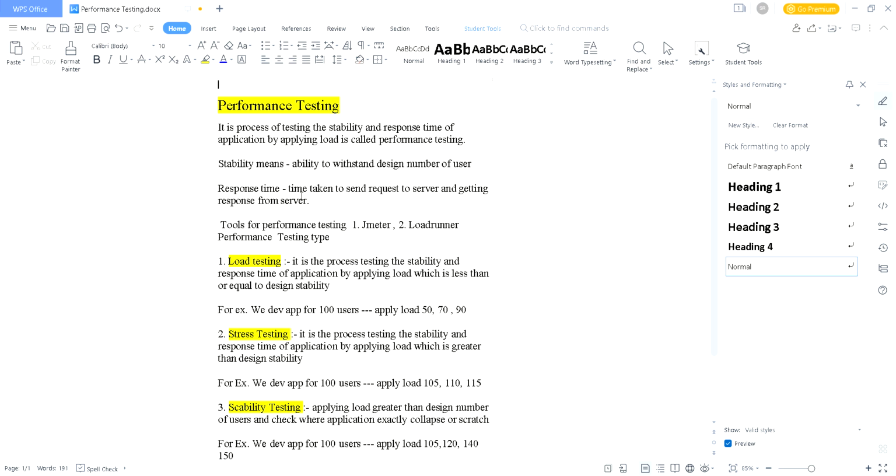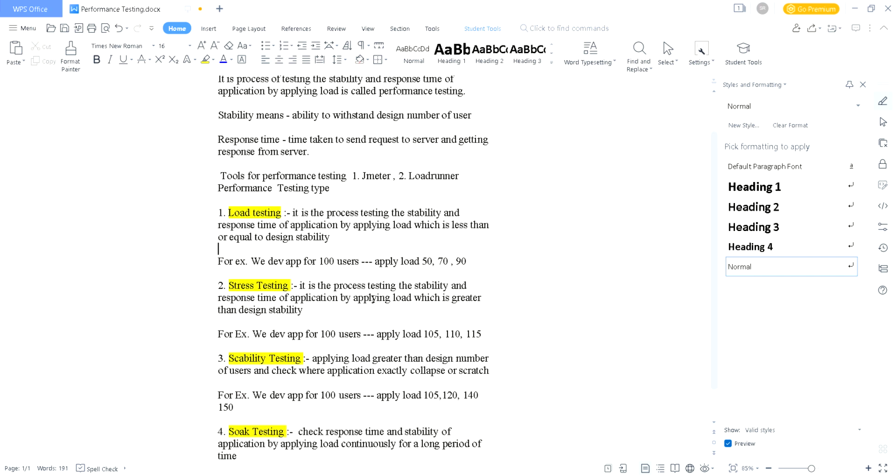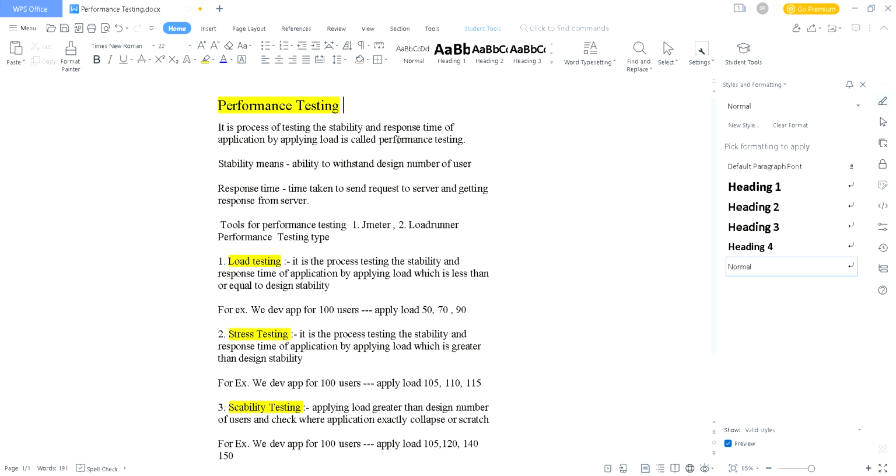Then give an example: we develop an application for 50 users, apply a load of 45 users and check the response time. When explaining performance testing, first explain performance testing, then the test types: load testing, stress testing, scalability testing, and soak testing. That's all about performance testing.